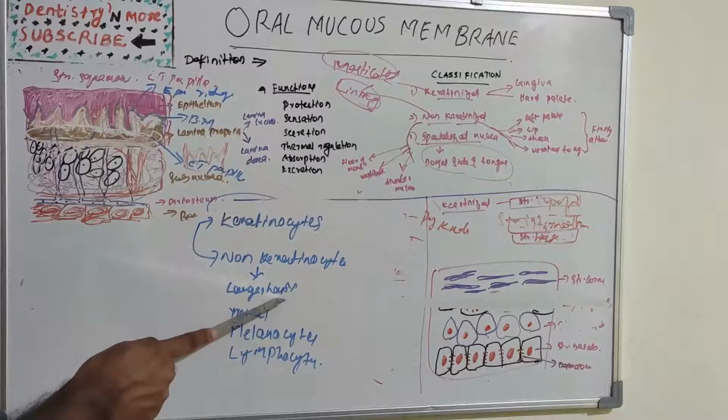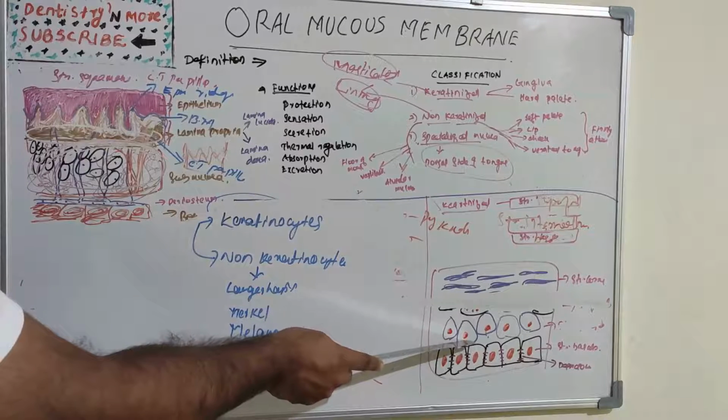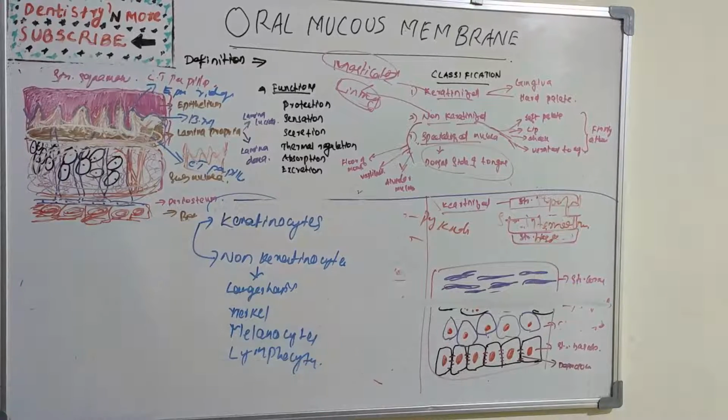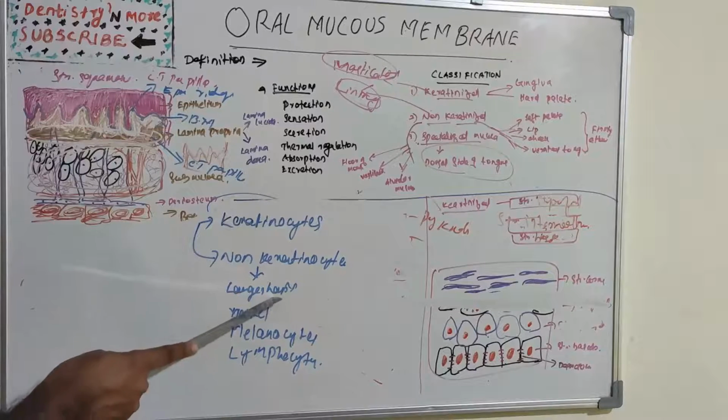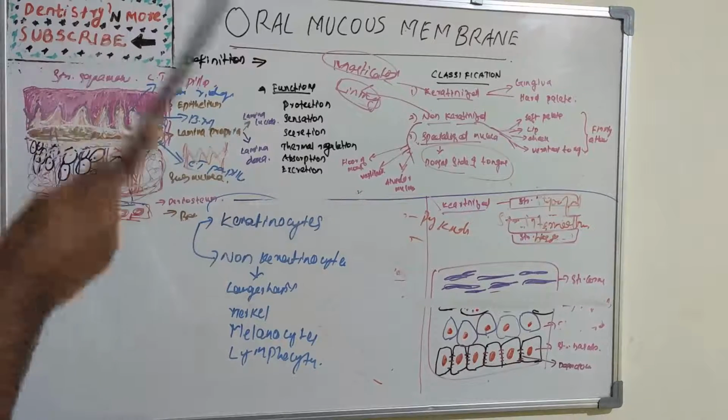The first one is Langerhans cells, which are found in stratum spinosum and occasionally in stratum basale. These cells have long, thin extensions of cytoplasmic membrane, which are known as dendrites. They can be distinguished from keratinocytes by the absence of desmosomes and tonofilaments. So desmosomes and tonofilaments are only for keratinocytes.